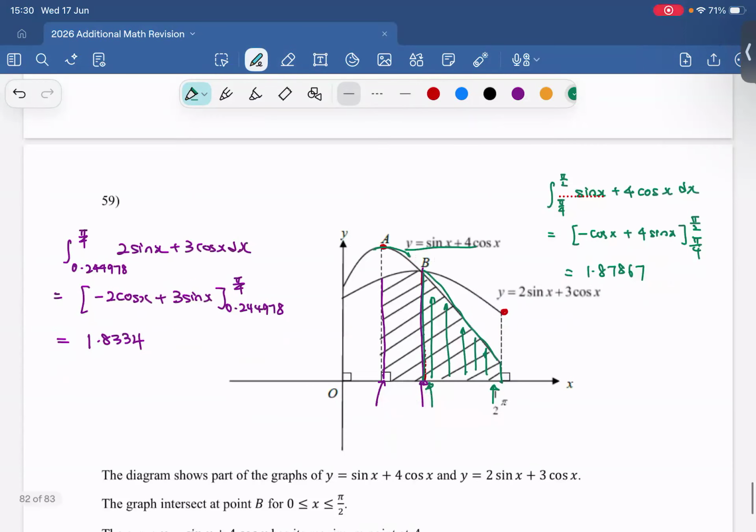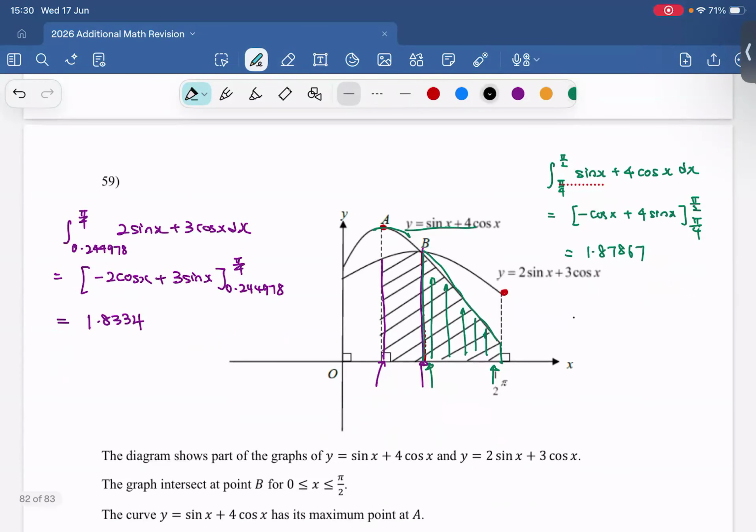So the total shaded region, so the total area is just add these two up. 3.76 units squared.